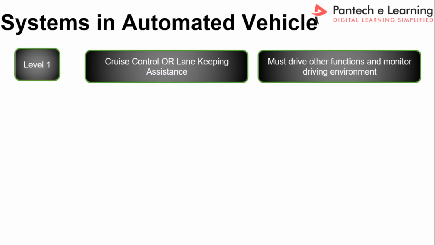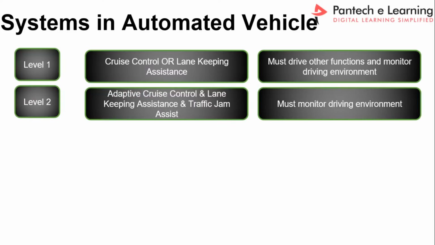Or else we can control the vehicle within the same lane. Either this facility or that facility alone has been introduced in an automated manner, so we call it level 1. Here the driver must do the other functions.